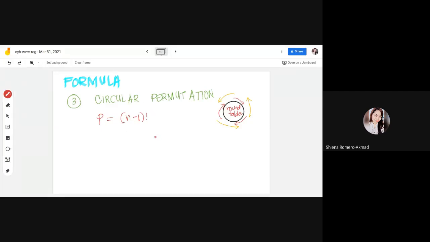remember na kapag ito yung formula na gagamitin ninyo, you are arranging items or elements in a circular table, and you can identify the clockwise and counterclockwise order.